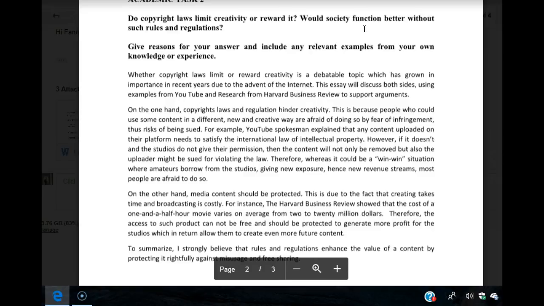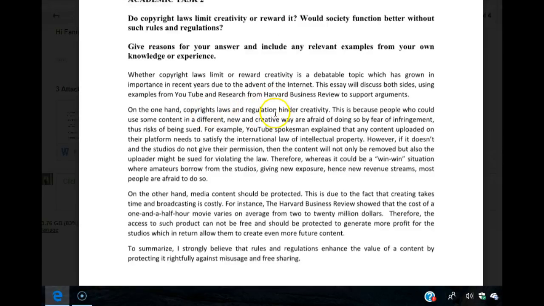On the one hand, copyright laws and regulations, so get the S away from here and put it here, hinder creativity. This is because people who could use some content in a different, new, and creative way are afraid of doing so for fear of infringement, thus risk of being sued, not risks.